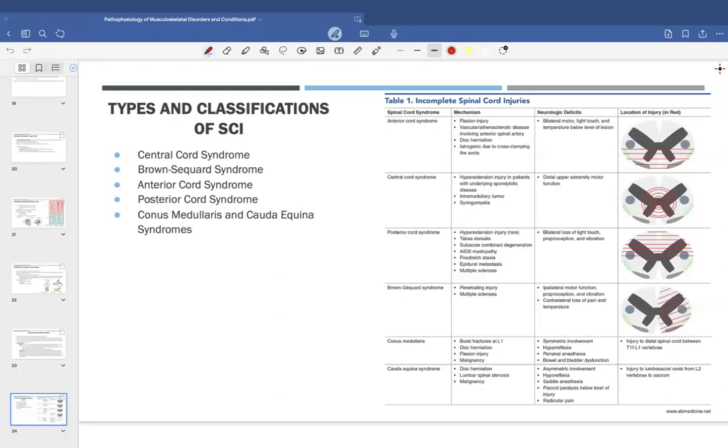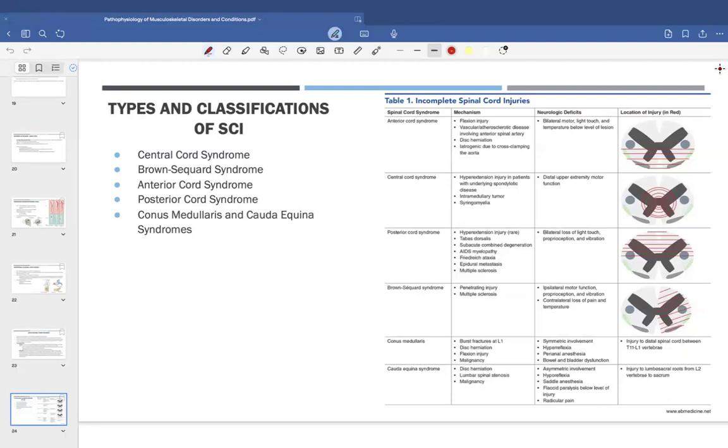They will often present with hyperreflexia, saddle anesthesia, and loss of sphincter tone, incontinence, as well as paralysis below the level of injury. Okay, and that's usually an injury in the lumbosacral nerve roots from L2 distally, sacrally. And so things that could cause that include disc injuries, spinal stenosis, and even malignancies. And again, not exclusive lists, but that's pretty common.